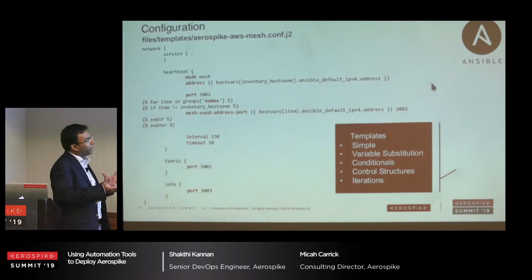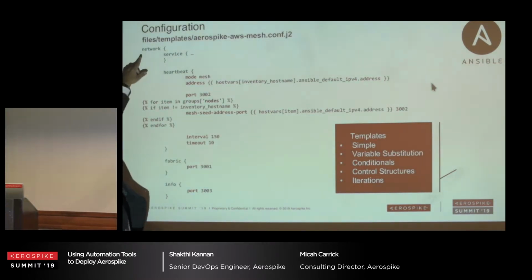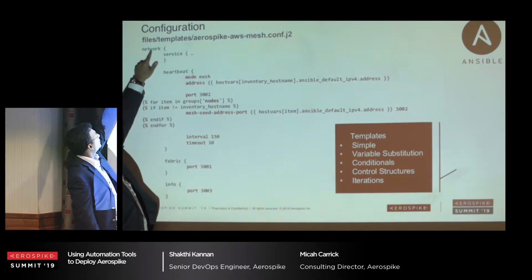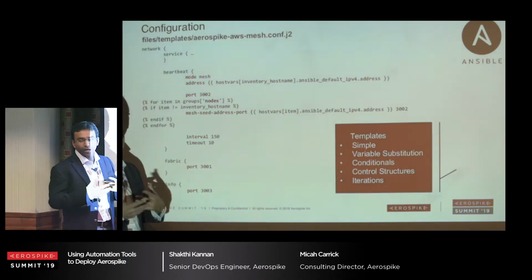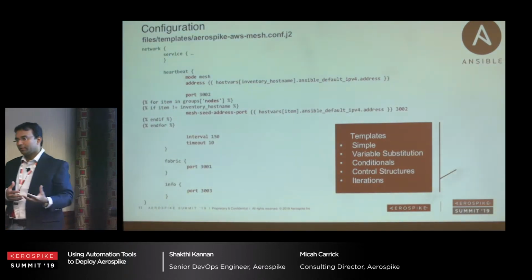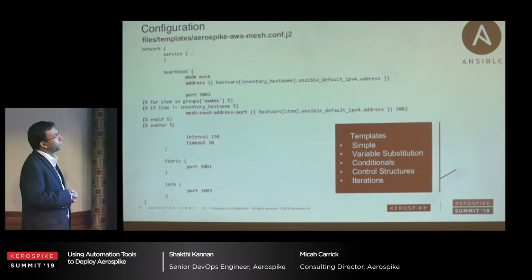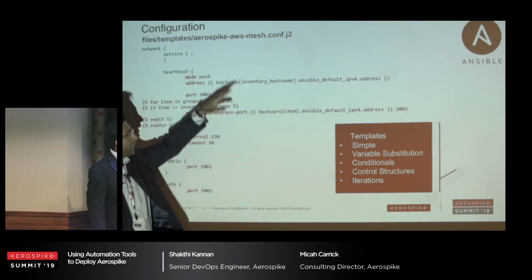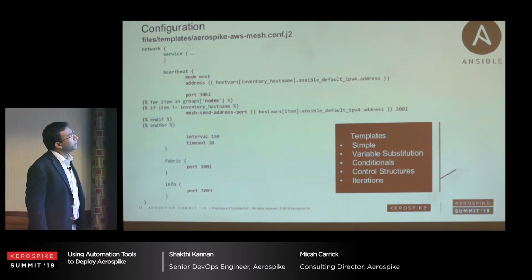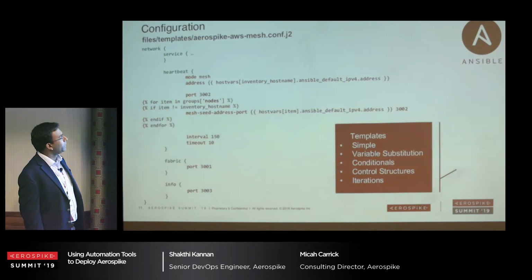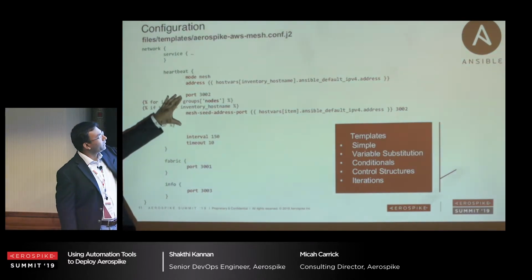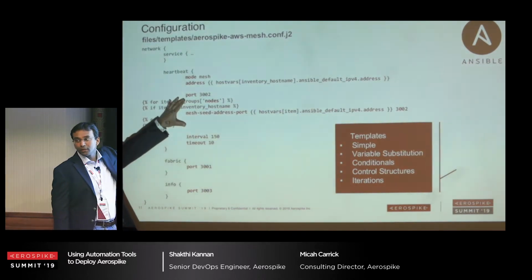So this is a part of the configuration file. Again, if you see the directory structure, we have files and templates. So you're neatly organizing and separating the files from the playbooks from the inventory. Okay. So we use the J2 template format in Ansible, and here we have to specify the other node's IP addresses.